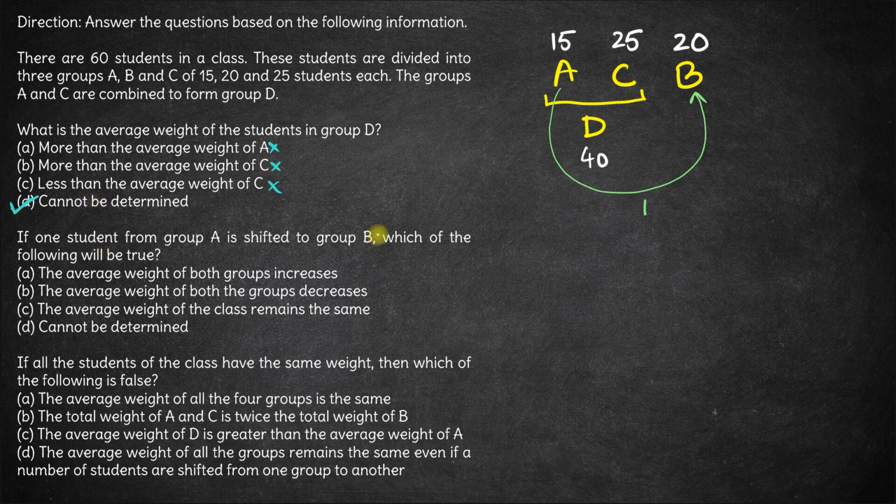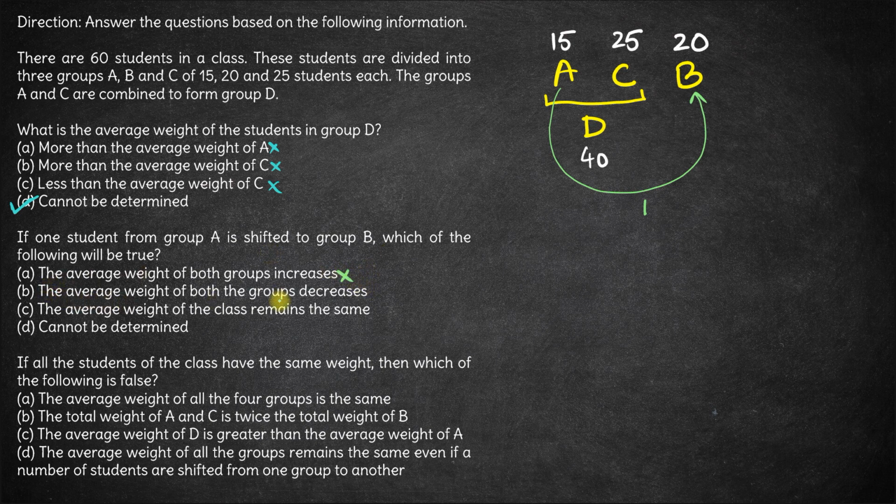Now which of the following will be true? Option A, the average weight of both the groups increases. Now how do we know which average will increase or decrease? We cannot be sure because nothing is mentioned about the average of each of these groups. So option A we cannot be sure of.